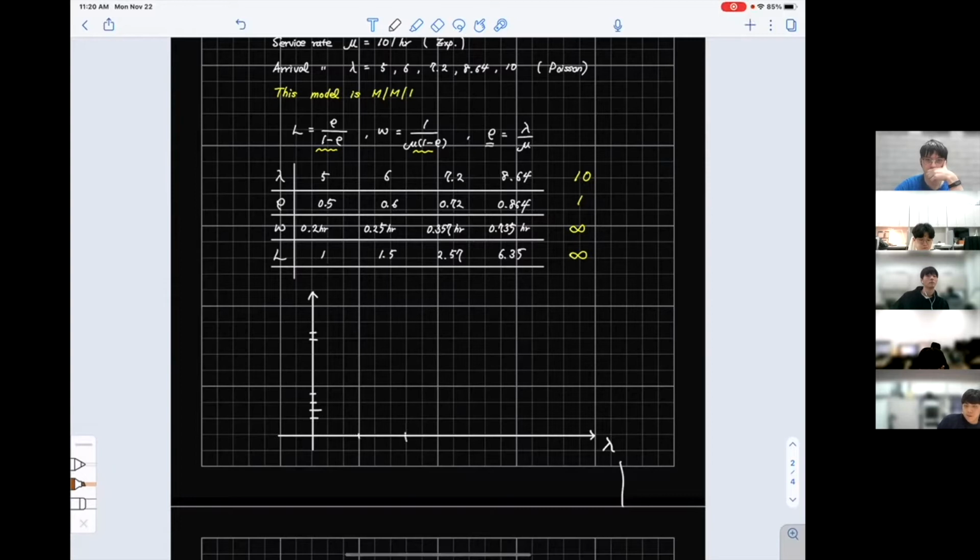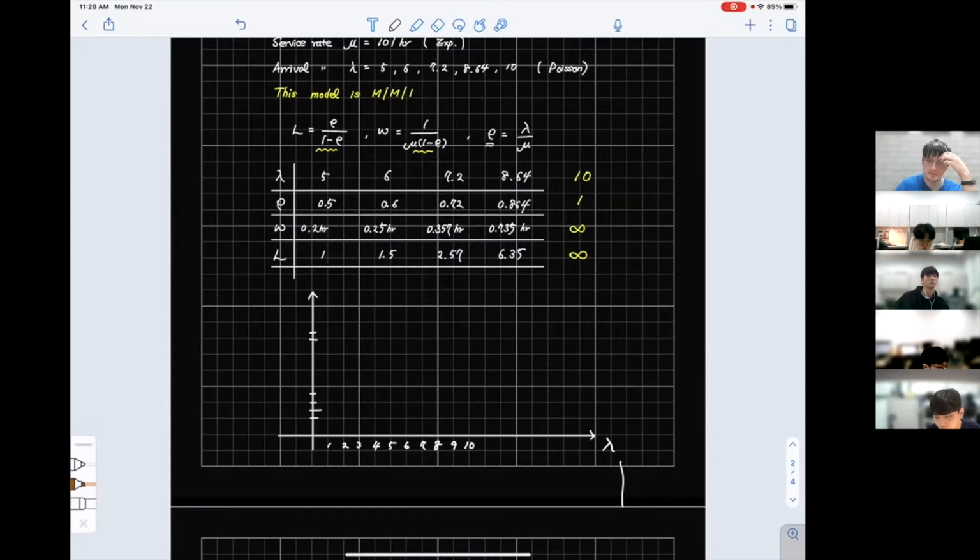We put the numbers 1, 2, 3, 4, 5, 6, 7, 8, 9, 10 here.